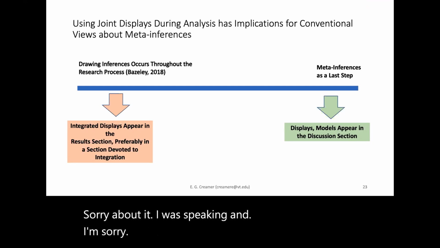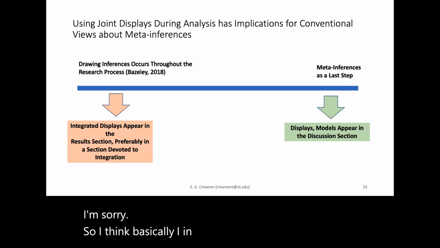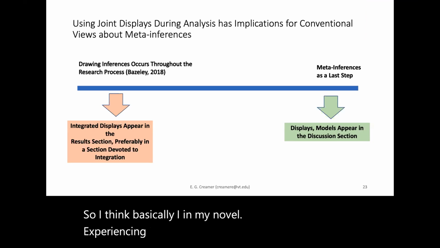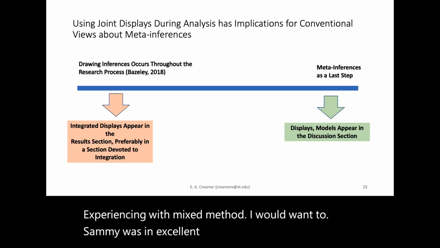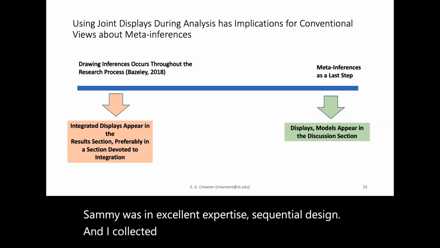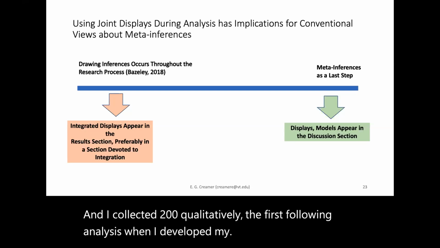So, in my novice experience here with mixed methods, I would want to say I'm using an exploratory sequential design, and I collect the qualitative data first, following analysis when I develop my themes and so on.